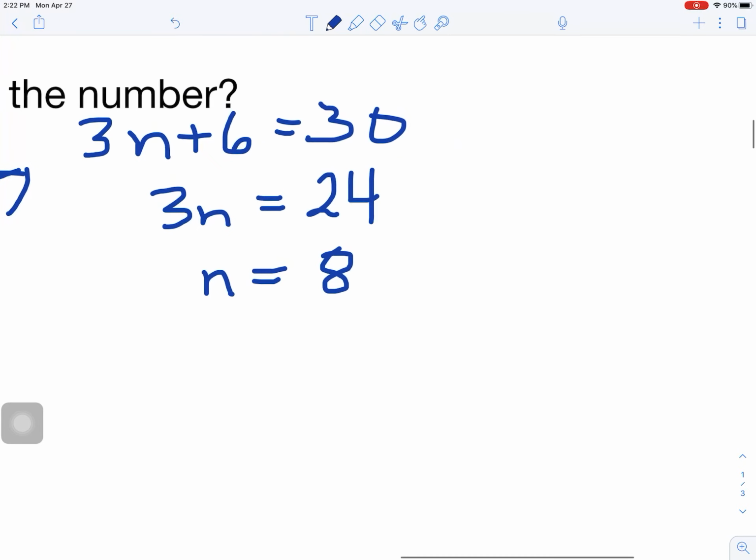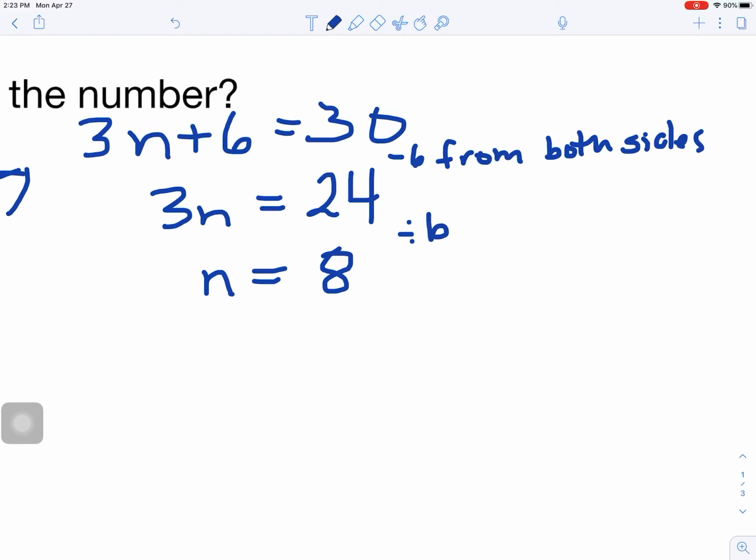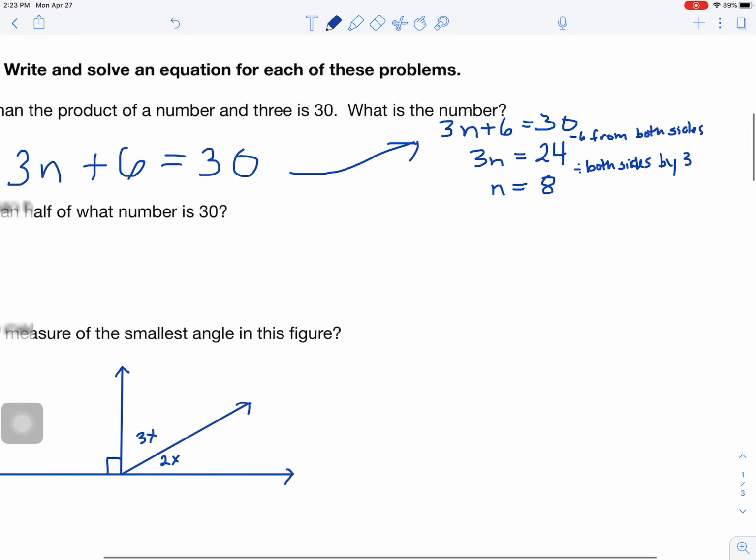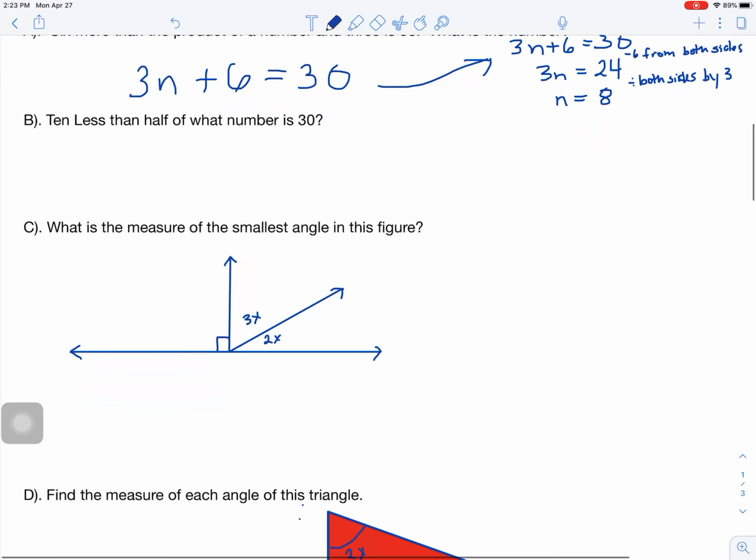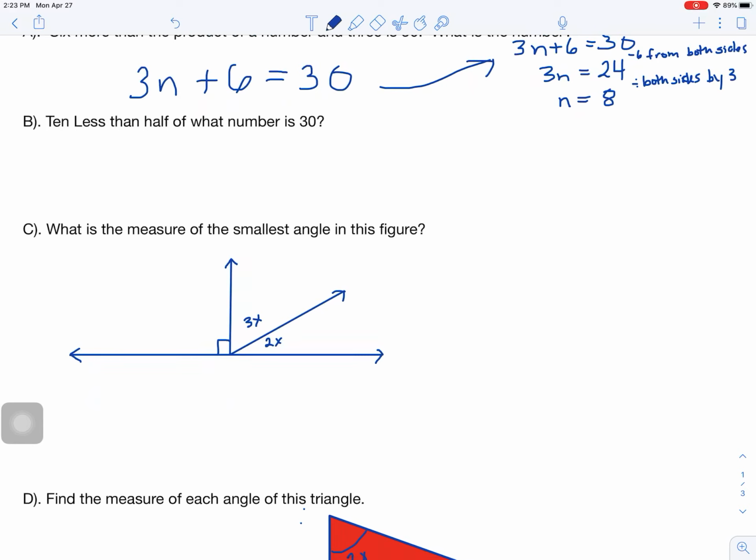So you can see our steps here is we would subtract 6 from both sides, and then we divide both sides by 3. Okay. The next one, you can try it on your own if you're about ready.